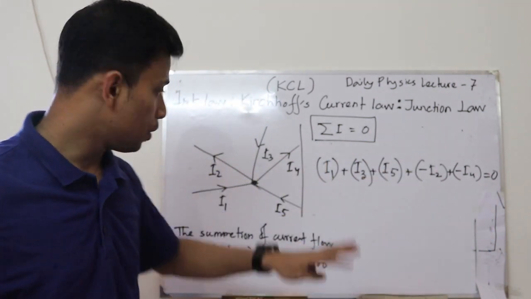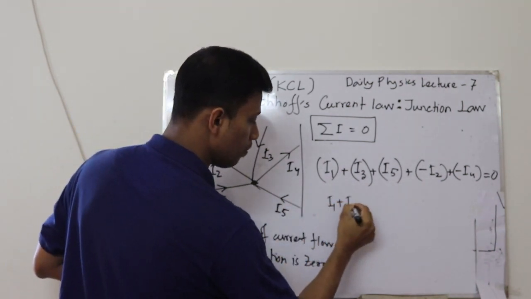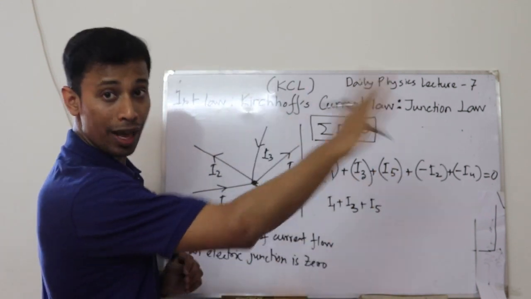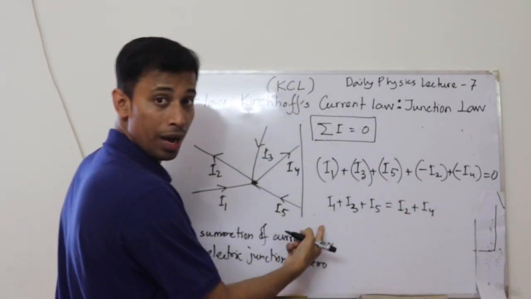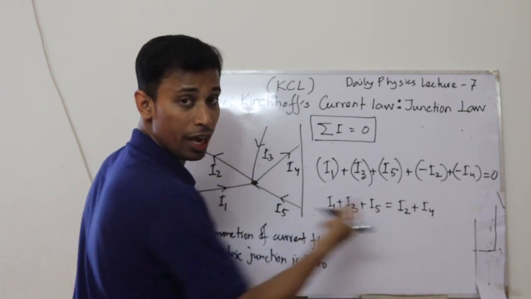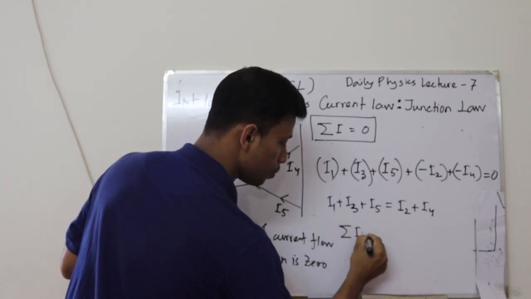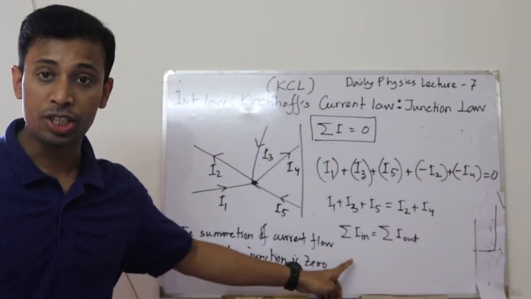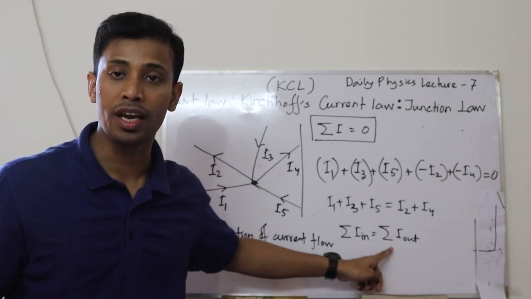That's Kirchhoff's first law. So from this line, what can we write? Let's take those 2 minus terms to the other side of the equal sign. So I1, I3 and I5 are the inward currents, I2 and I4 are the outward currents. So we can write that the summation of I inward is equal to the summation of I outward.